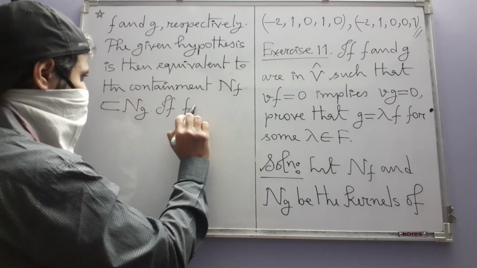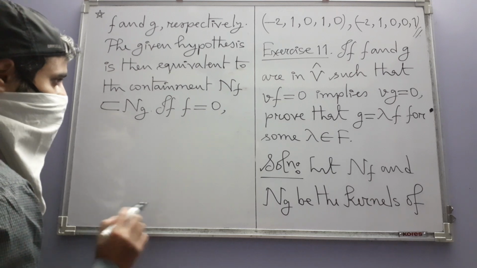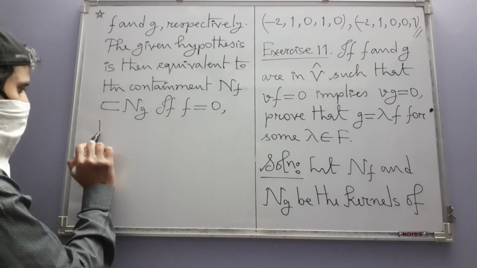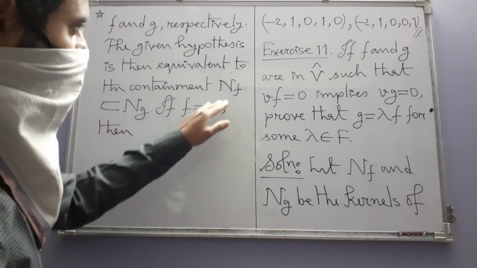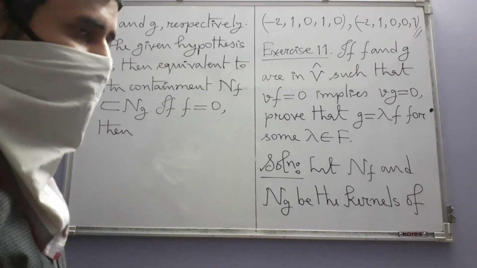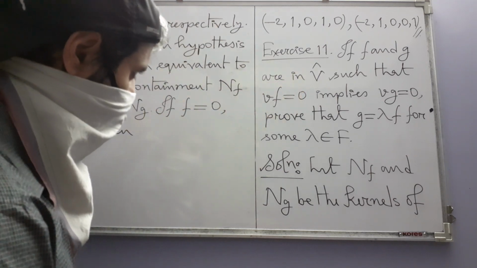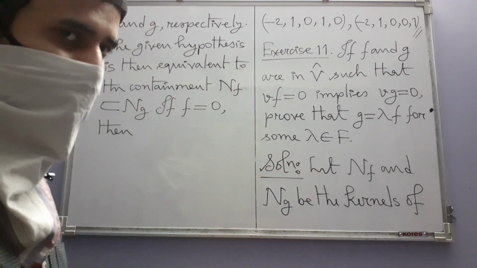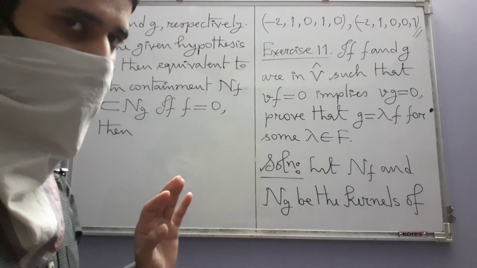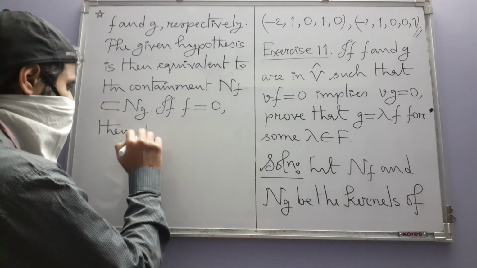If f is identically 0, then what can we say about the kernel of f? Since all the vectors of capital V are being mapped by f onto the 0 scalar, the kernel is the entire space V.